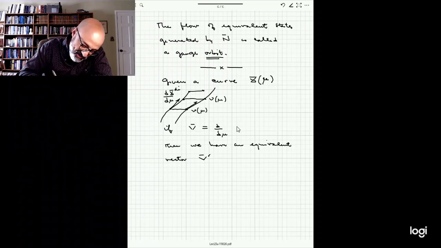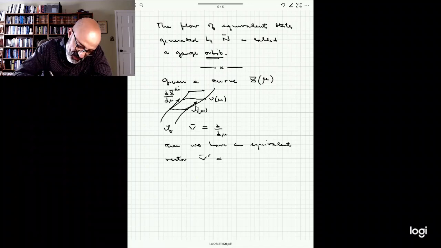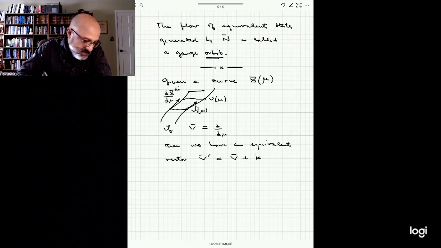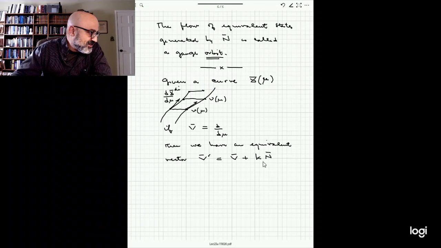So how are the vectors here related to each other? And the connection between the two is that except for a constant, these vectors are going to differ by a component along the direction of n.